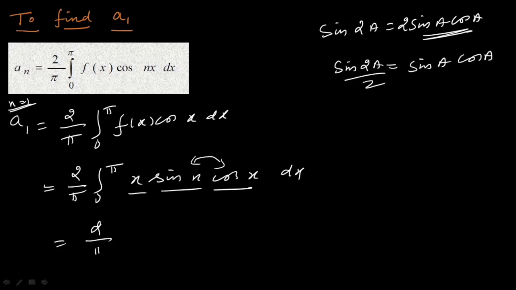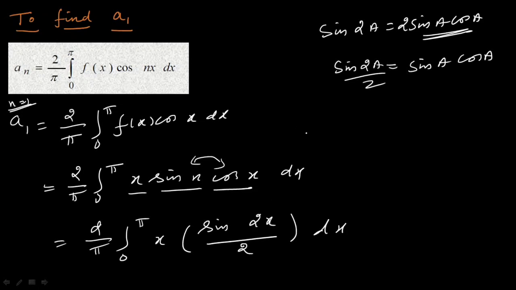That is 2 by pi integral 0 to pi x sine 2x divided by 2 dx, isn't it? So to make use of this formula, we have to replace this product of functions with a simple function like this.